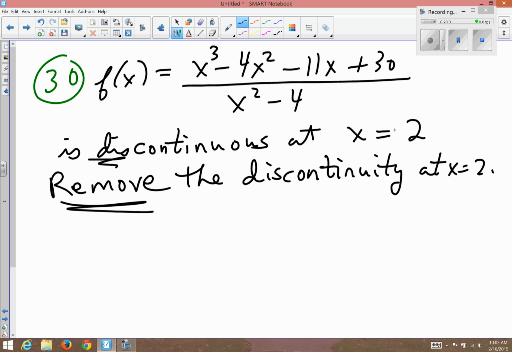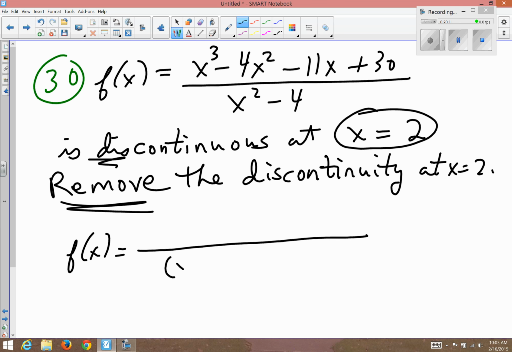Well, the only way that discontinuity at x equals 2 can be removed is if the x minus 2, which is in this denominator, cancels with an x minus 2 in the numerator. Because then the reason we have discontinuity at x equals 2 is because f of 2 doesn't exist.